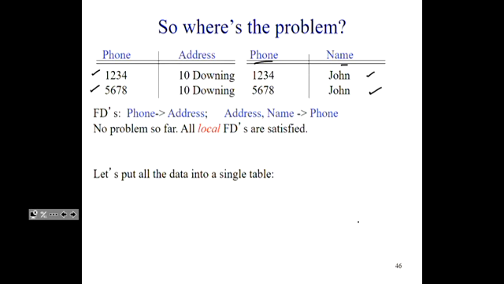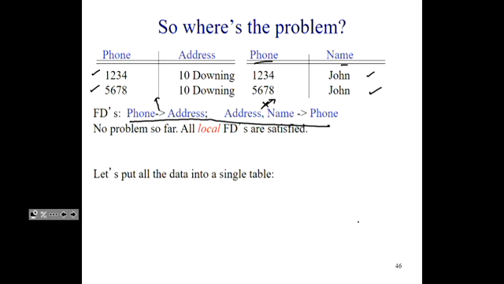Now if I look at the functional dependencies overall, I have these two: phone implies address and address name implies phone. The only functional dependency that applies to this one is phone implies address, and that is certainly satisfied in this instance. There are no functional dependencies that apply to the second relation, right?